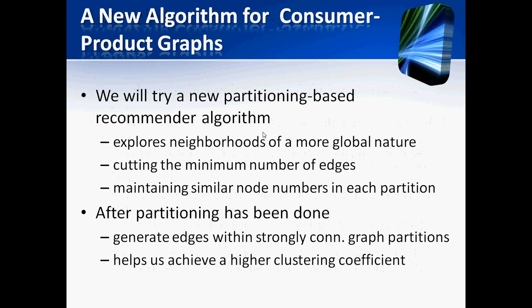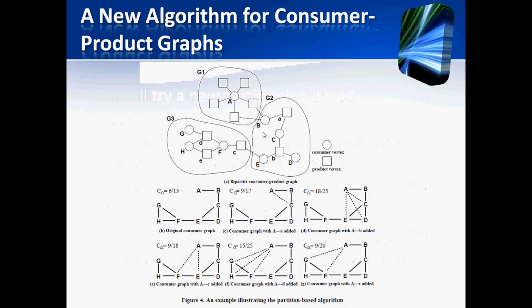They were going to partition the data into clusters by taking some edges out, cut the minimum number of edges, and also maintain a similar number of nodes for each partition. And then after that's been done, they're going to generate edges within strongly connected graph partitions, and they believe that will help get a larger clustering coefficient.